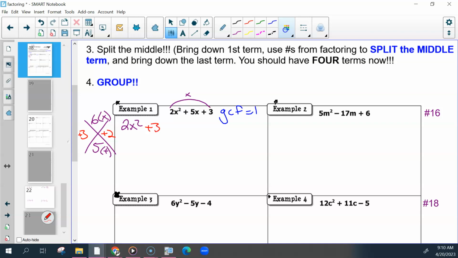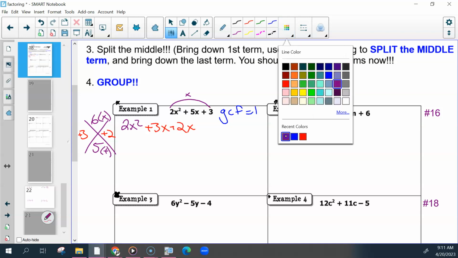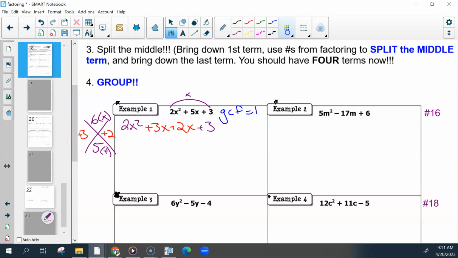It does not matter which one you put first. As you start to get the hang of this, you may want to put the 2x first because they both have 2's and the 3x last because those will both have 3's. It won't matter. As long as you do the math correctly, they'll both give you the same answer.